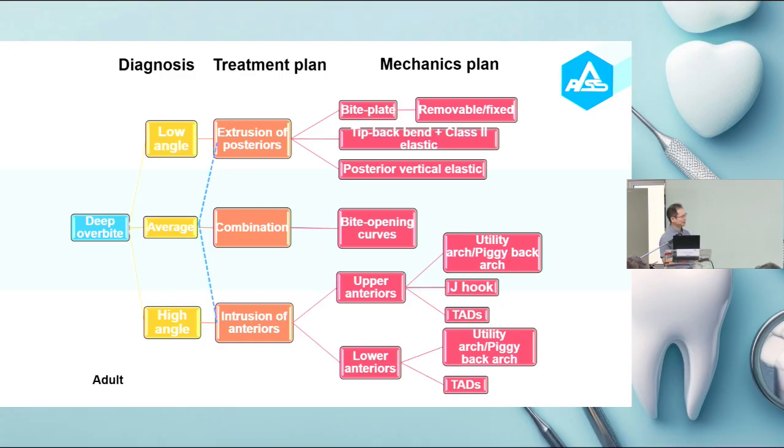When we intrude the anterior teeth, we should judge which anterior teeth to intrude, upper or lower. If we want to intrude upper anterior teeth, we can use a utility arch, piggyback arch, J-hook, or TAD. If we want to intrude the lower anterior teeth, we can't use a J-hook.